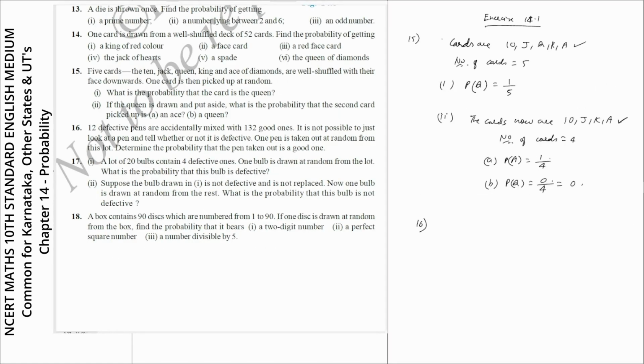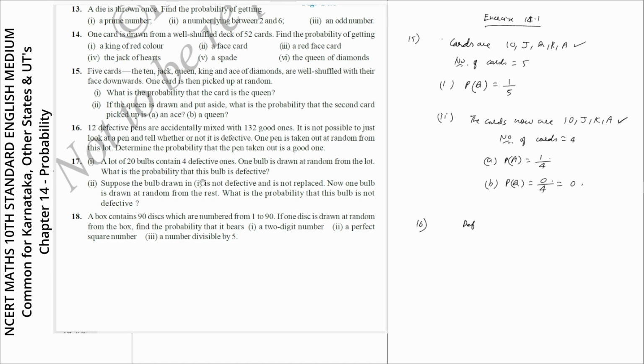Exercise 14.1, question number 16. 12 defective pens are accidentally mixed with 132 good ones. It is not possible to just look at a pen and tell whether or not it is defective. One pen is taken out at random from this lot. Determine the probability that the pen taken out is a good one.